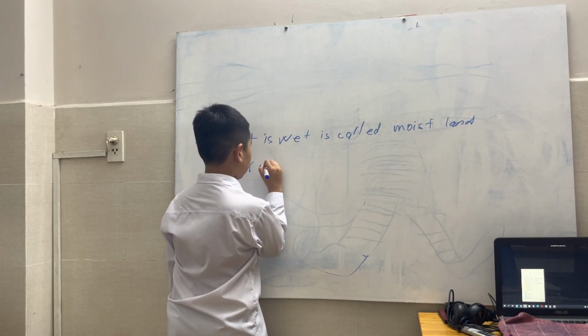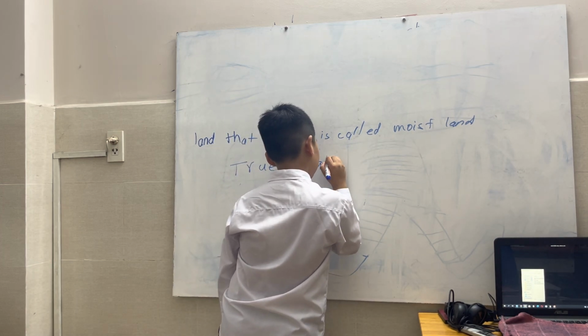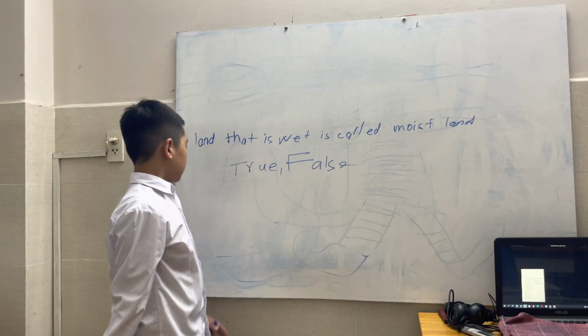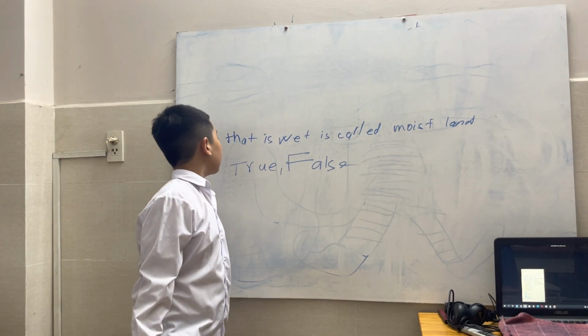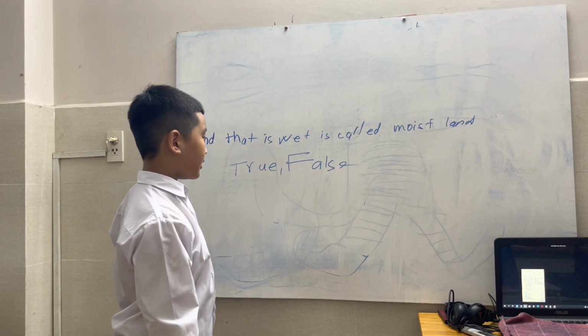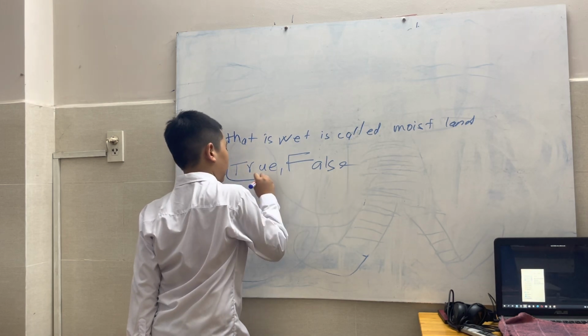True or false? Well, the land that is wet is called moist land. It's true.